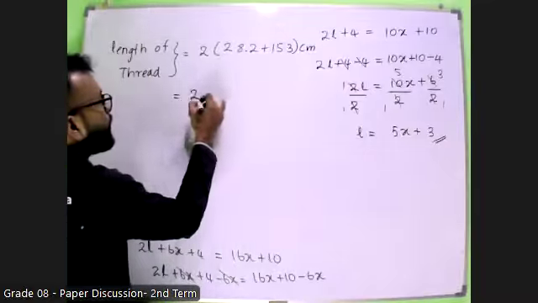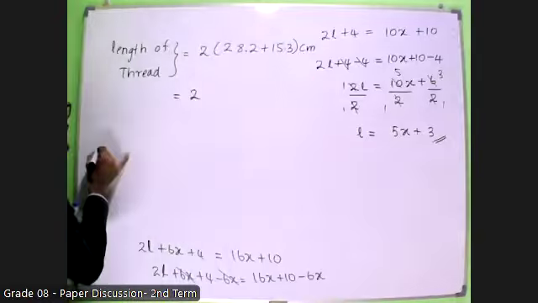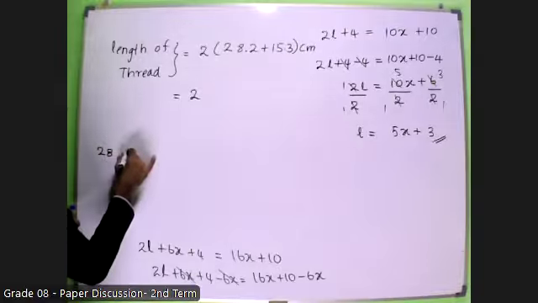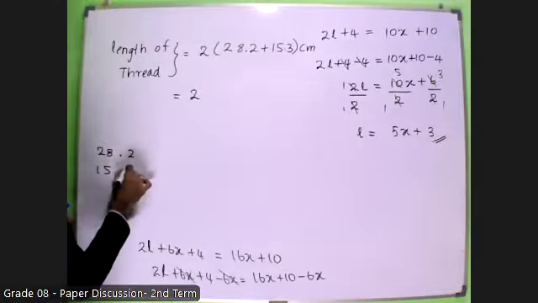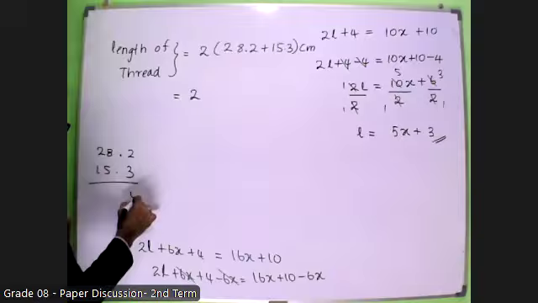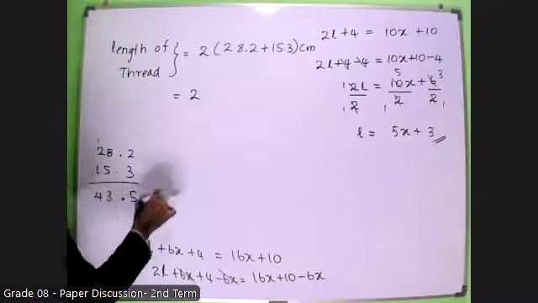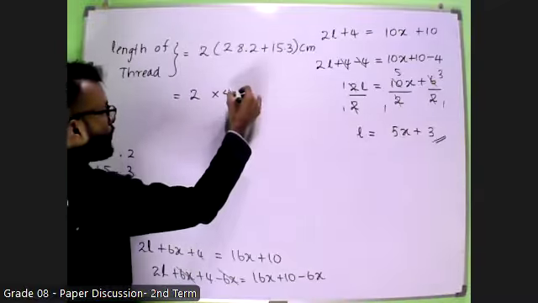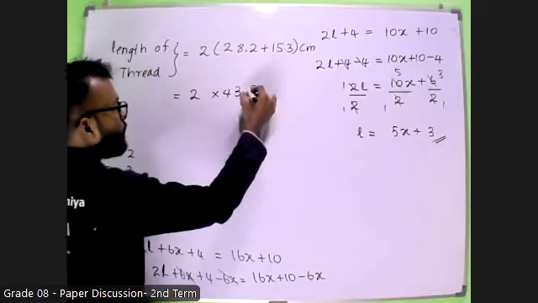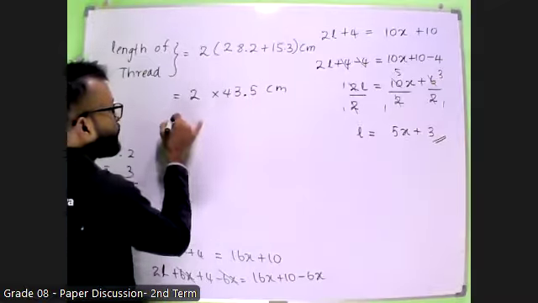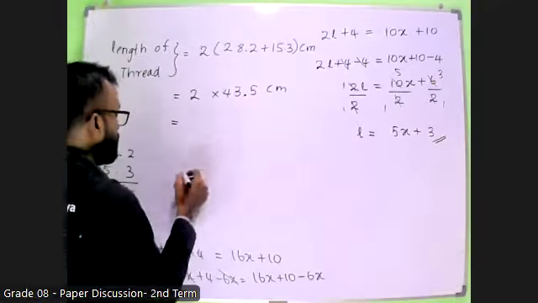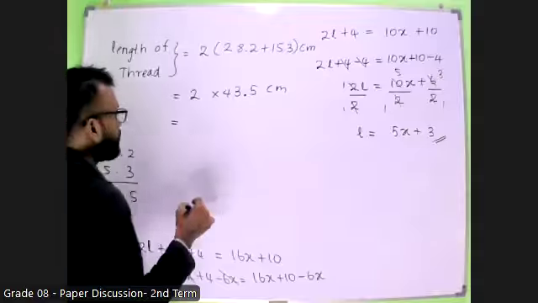You know how to add decimal numbers, 22.2 plus 15.3, which is 37.5 centimeters, then you have to multiply it by 2. So you know how to multiply it.